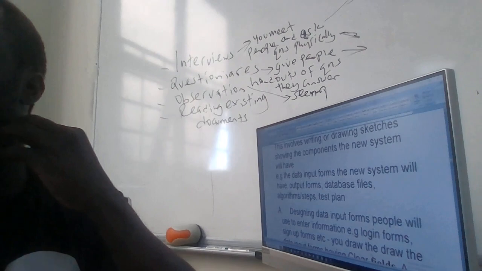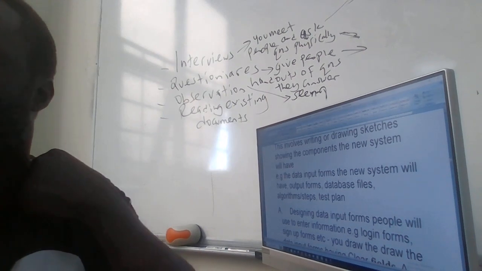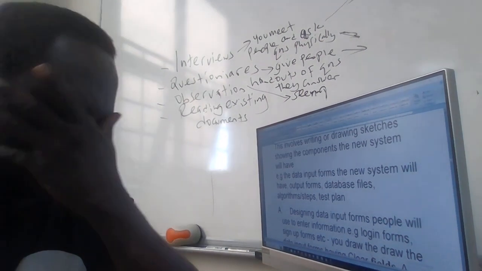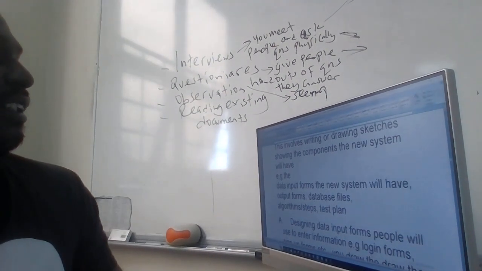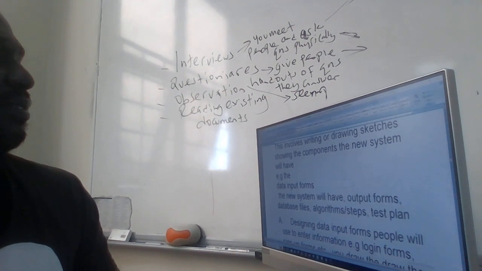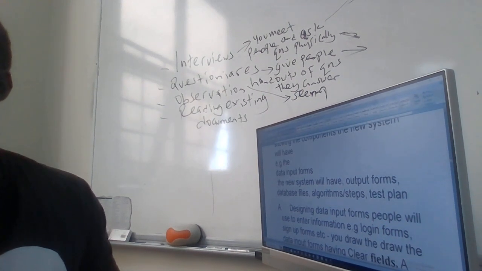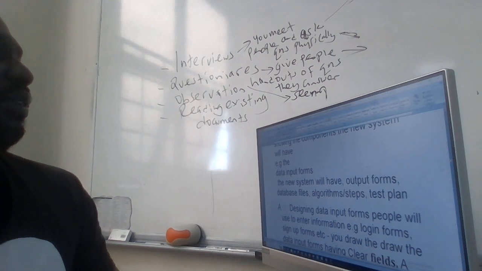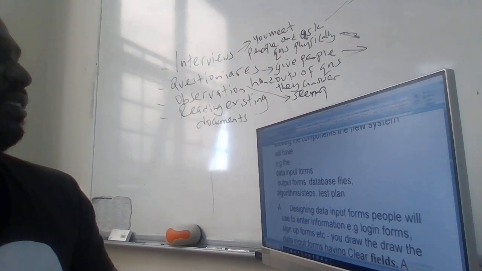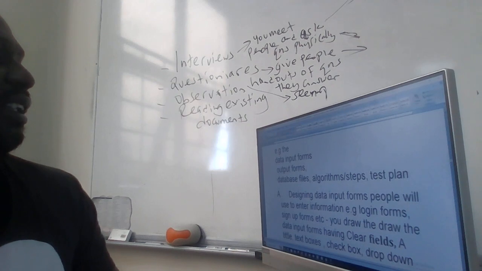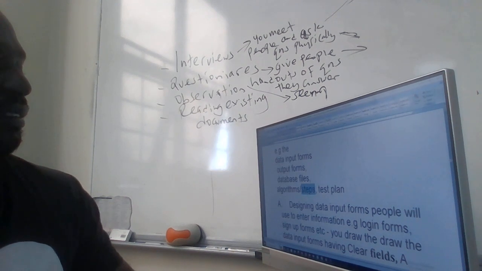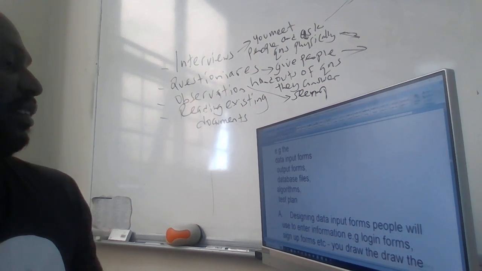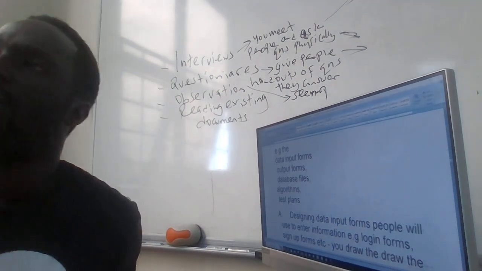What things do we design? In your summary, note them down. The things designed include data input forms, like the ones in your mocks, data output forms, database files, algorithms, and test plans.